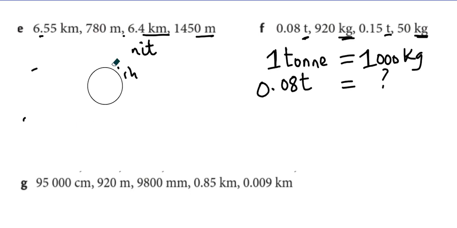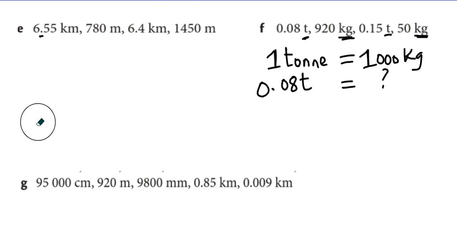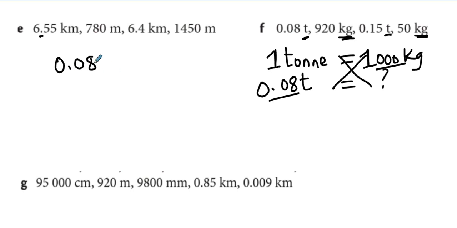Okay, so over there we have to cross multiply. Just take cross multiplication. This will be 0.08, this number times this number. So 0.08 times 1,000. And this will be 8 times 1000.